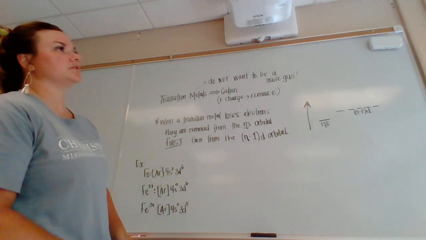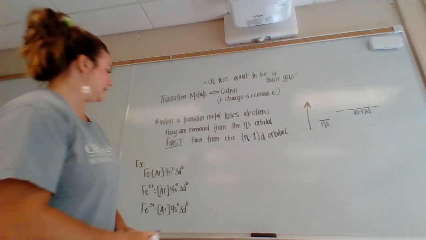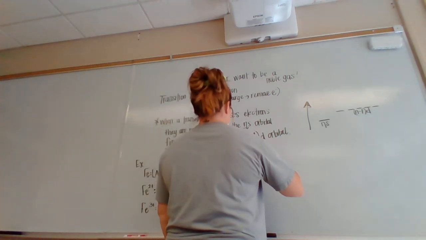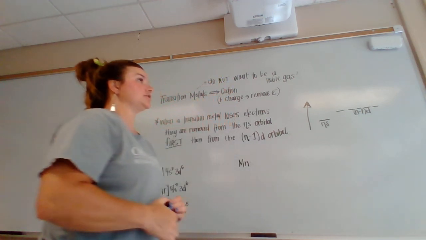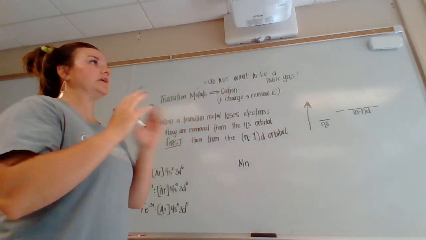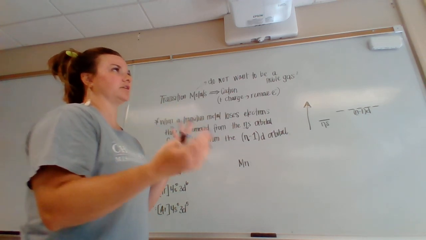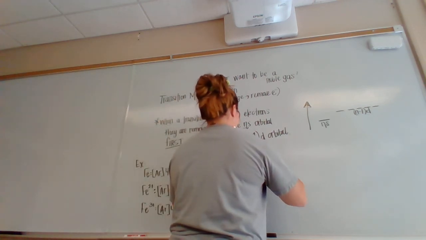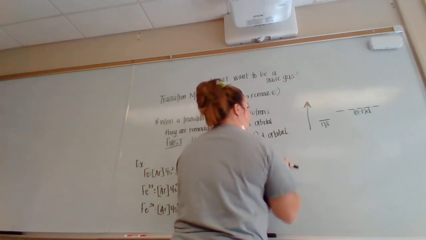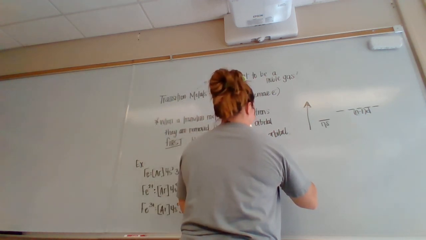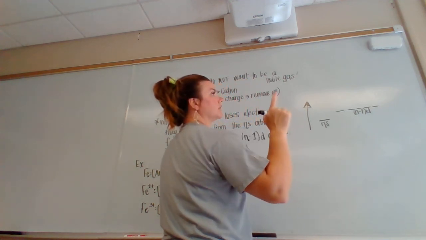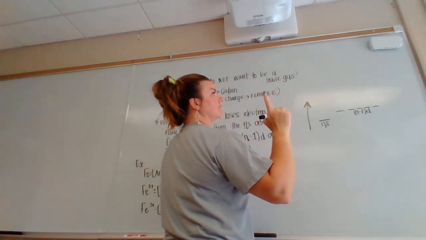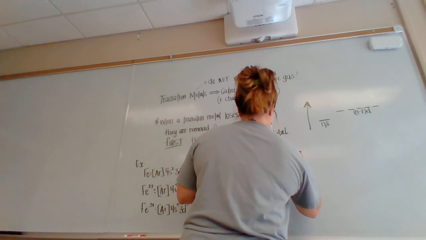We'll do one more. Let's do manganese. I always start by writing the normal electron configuration. That just helps me know what it looks like to begin with. It's 4s2, 3d5.